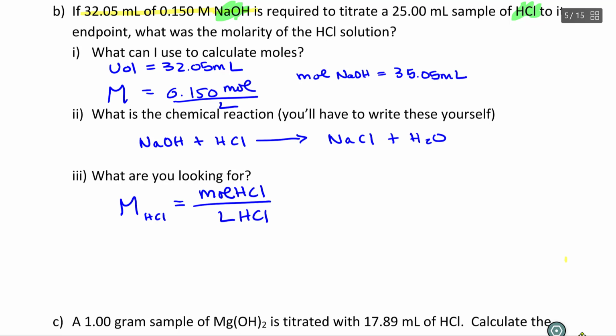Now, just before I write the next thing, what people often attempt is to write this right away, but notice that this is liters and milliliters, so we'll want to convert that over. So it's 1,000, this is how I learned it, milliliters per liter. And then it's 0.15 moles per liter. I'm going to do that calculation, and that will give me 0. It's a small number, so don't be surprised when you get these.